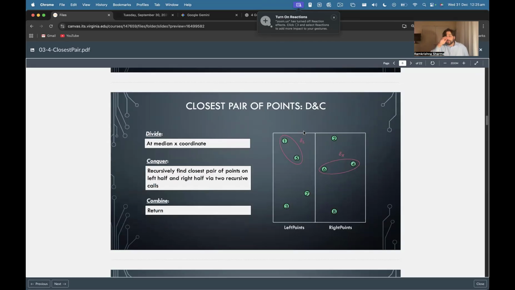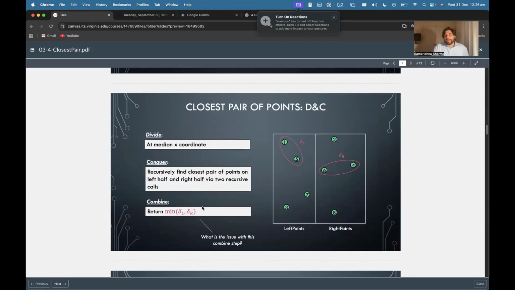And then conquering will recursively call the same function on the right and on the left, and those two calls will put two distances in front of us. The minimum distance between 2 points on the left and the minimum distance between 2 points on the right, and then we'll take the smallest of them both, and that'll be our answer.